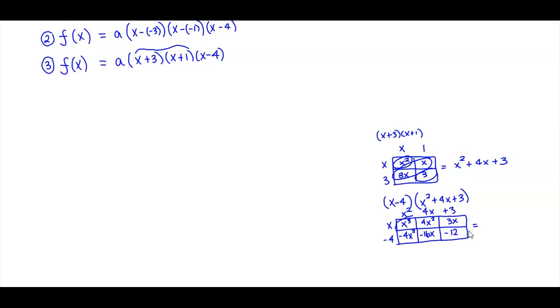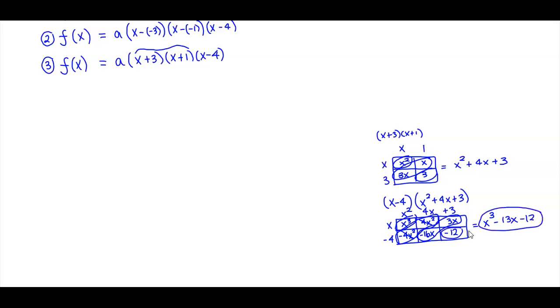Now we're going to combine like terms. We have x cubed. -4x squared plus 4x squared is 0. Then -16x plus 3x is -13x, and then minus 12.